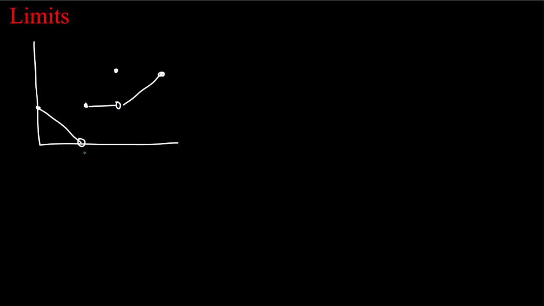Okay, this is 1, this is 2. And then similarly, this is 1, and this is 2. So we're told to find the limit, and this is some function f, right? The limit of f of x as x tends to 1.